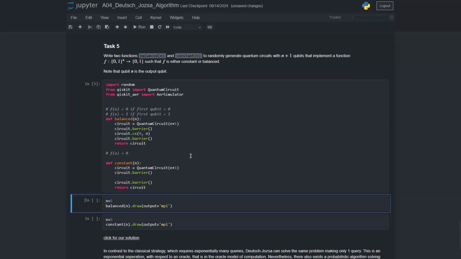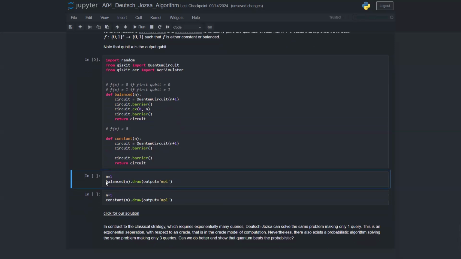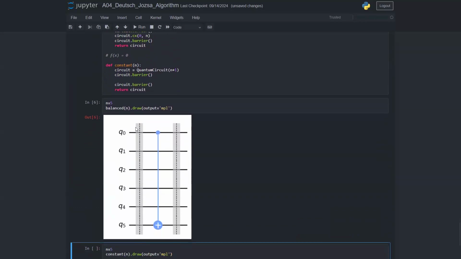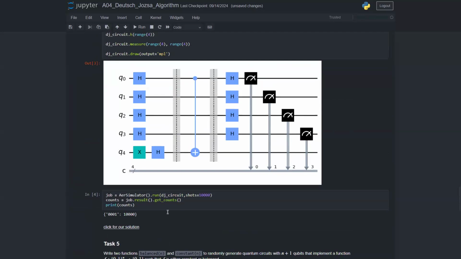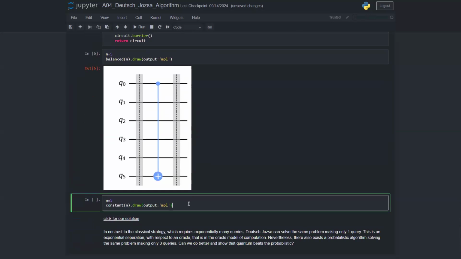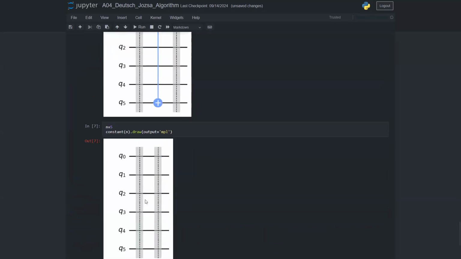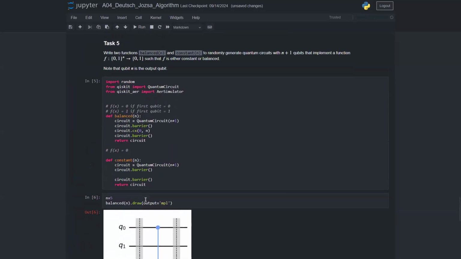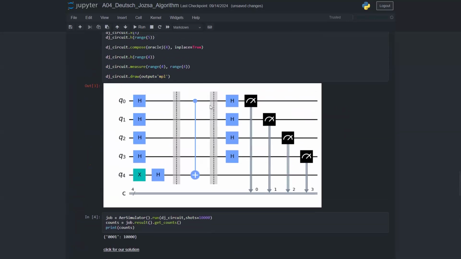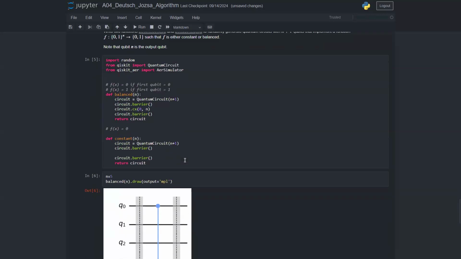Let's see. So n equals 5. Here we're trying to see the balanced function and we're drawing the output. If it's balanced, we're getting a CNOT, which is what we got here, which is good. And if it's constant, we're not getting anything, which is also what we wanted. So we essentially just implemented what was going on in this black box.